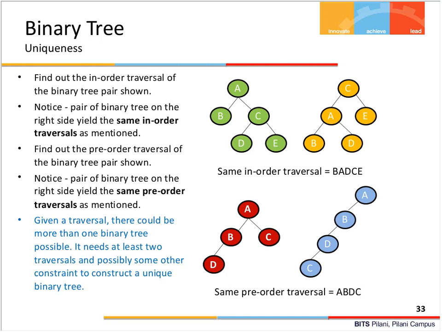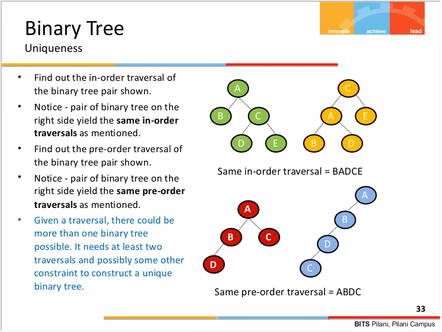How do I fix it, if I give you an in-order traversal and a pre-order traversal, whether both of them belong to a unique binary tree, or even in that case it is a possibility that those two traversals are possible for more than one binary tree. Okay, so this is a question which I am raising.